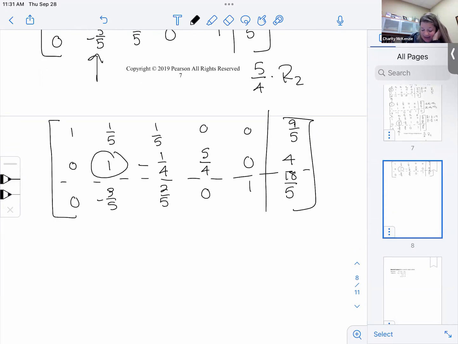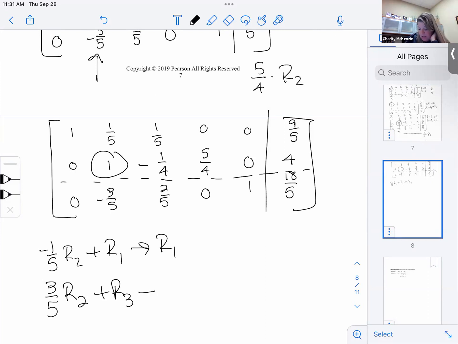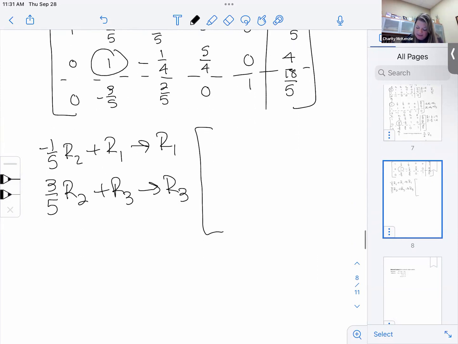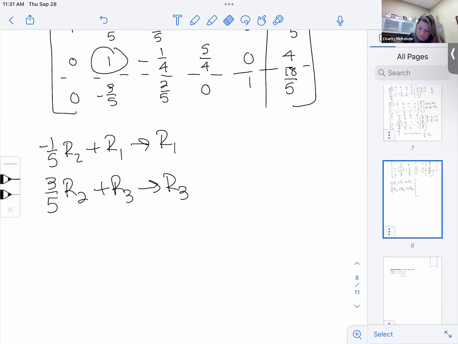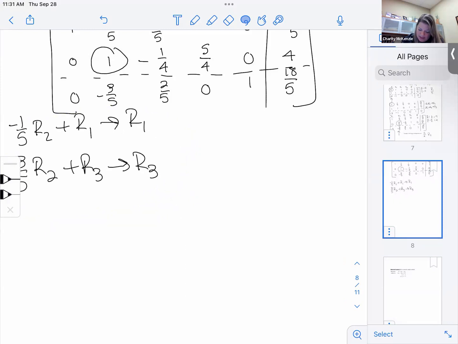We're going to take negative 1/5 and times that by row 2, add that to row 1, replace that on row 1. Then we're going to take a positive 3/5 times row 2 plus row 3 and replace that on row 3. I wrote those so big. I'm going to slide them over a little.